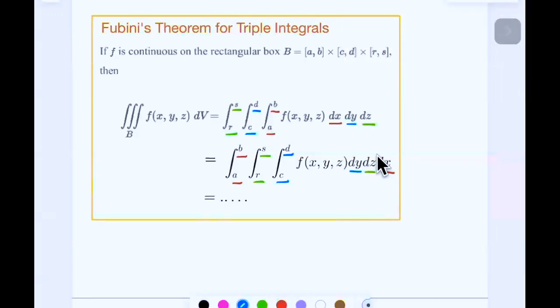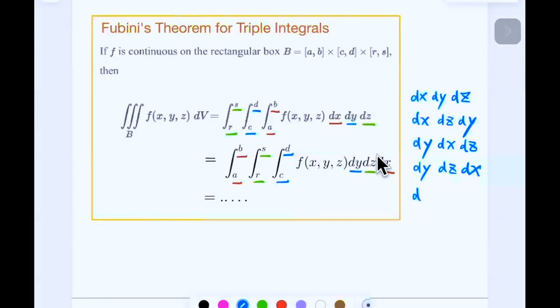Think about this. You can have dx dy dz. What else can you have? You can have dx dz dy. And then you can have dy dx dz, and dy dz dx. What else?